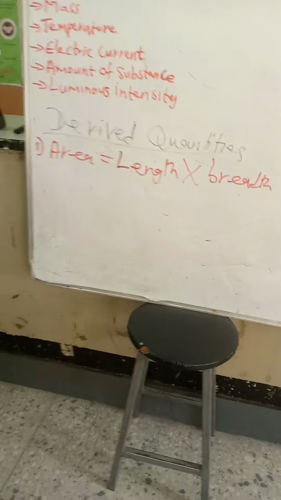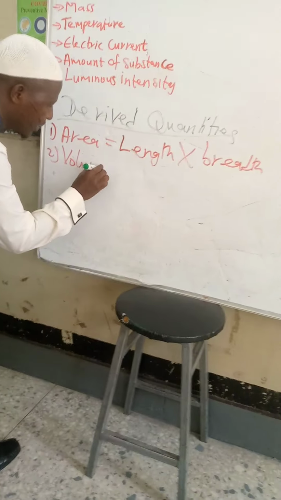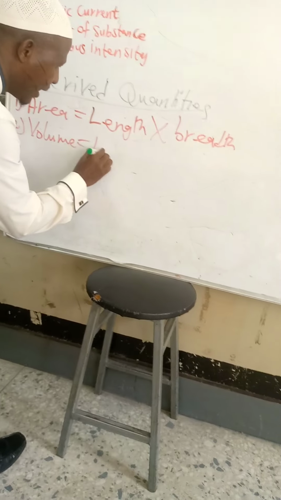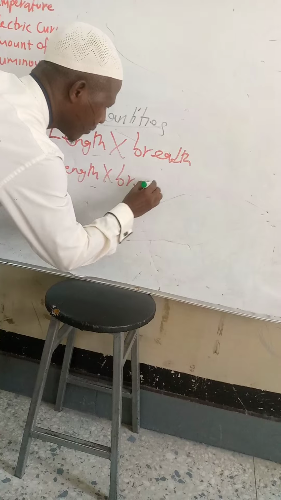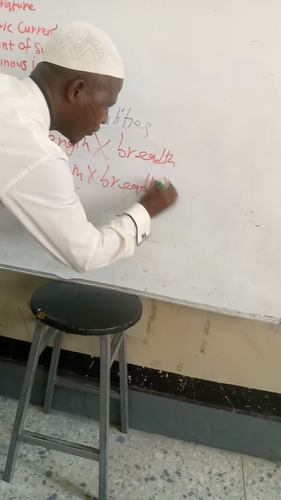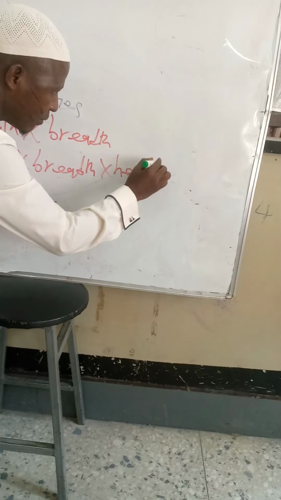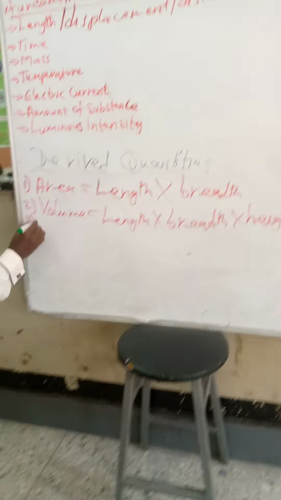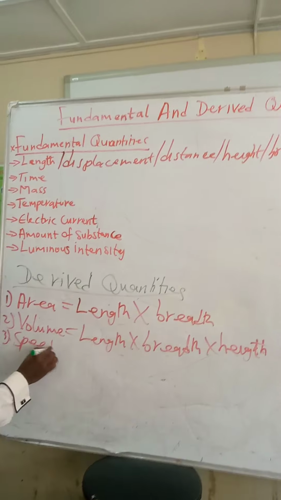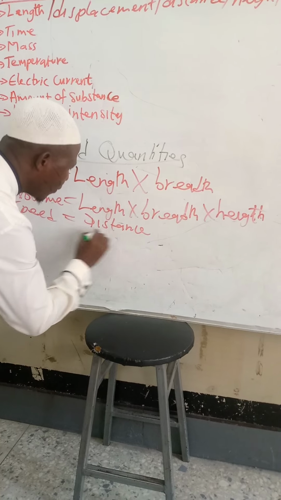Another one is volume. Volume is also a derived quantity, and it's from length multiplied by breadth multiplied by height. Then we have speed. Speed is from distance over time.